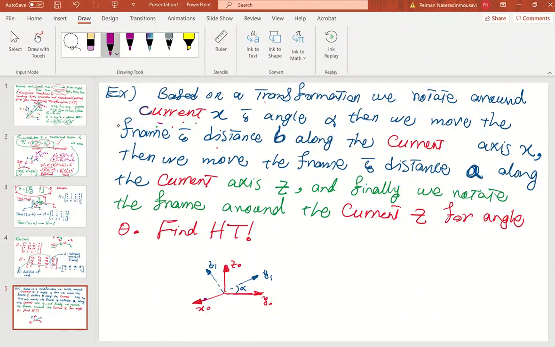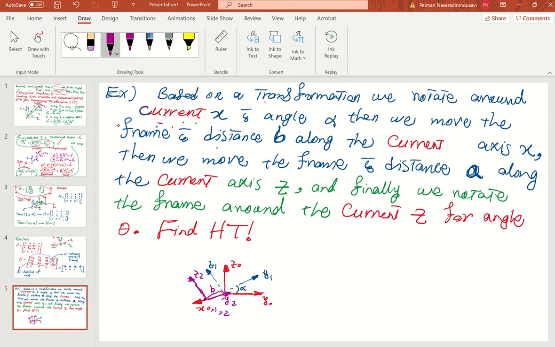So it's gonna be new, this is X1, and say Y2, Z2, and also X2. So this is what we have, Y2, Z2, X2. And this distance is B that we did.